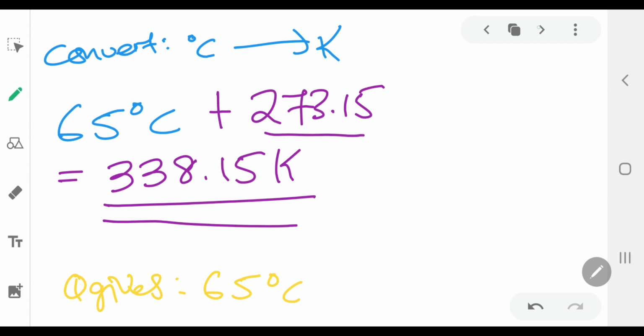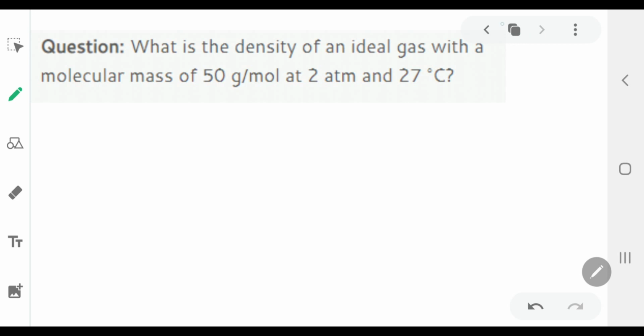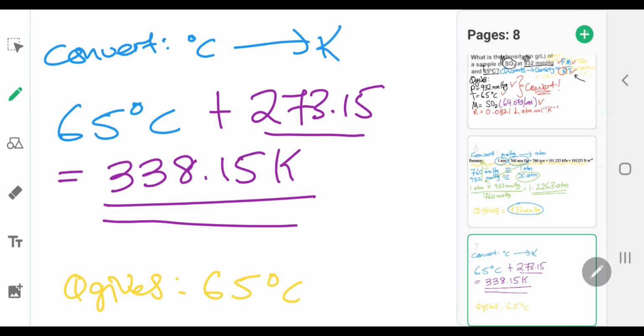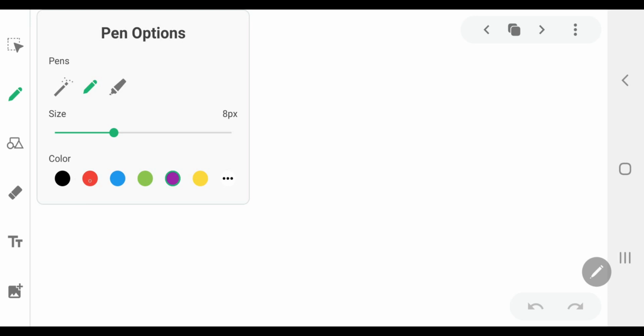Now we have converted both pressure and temperature into the suitable units for you to plug the values into the equation. We can proceed with solving. So now we can find out the density.